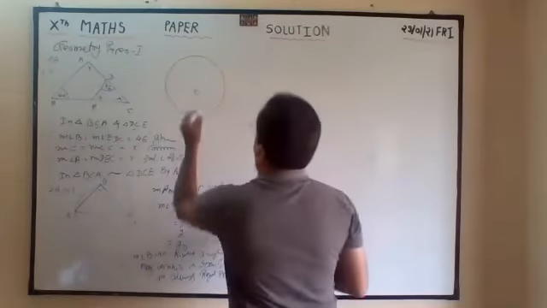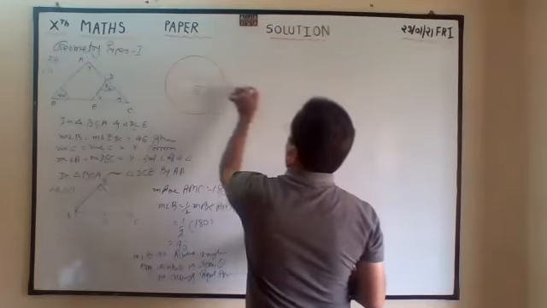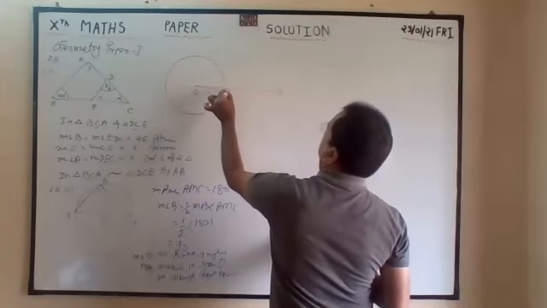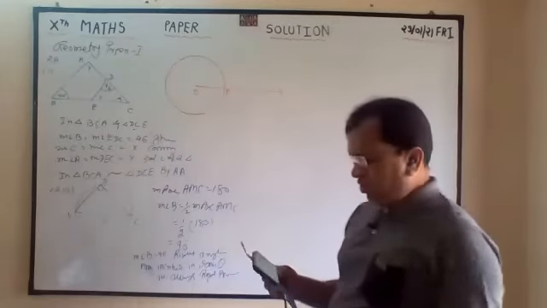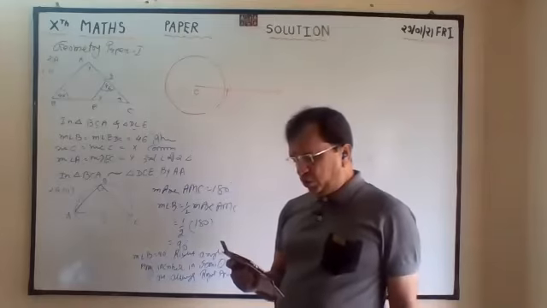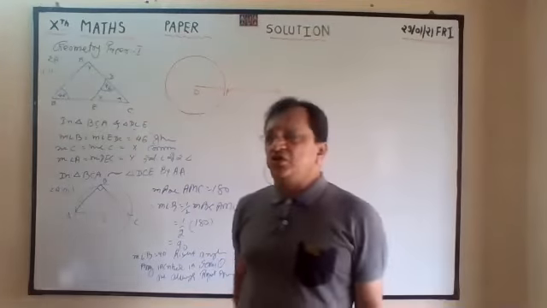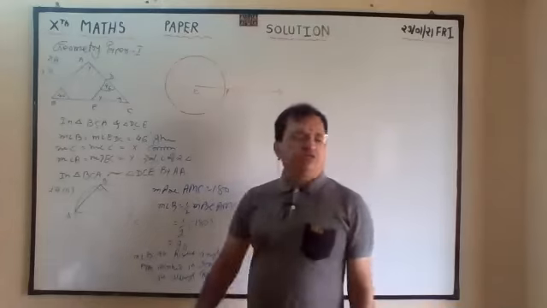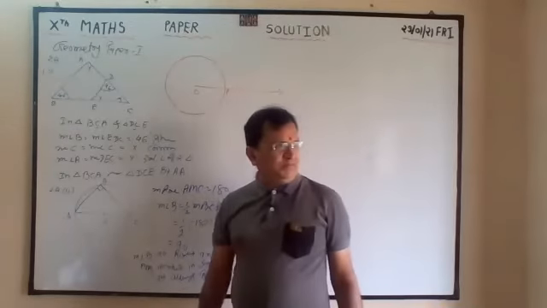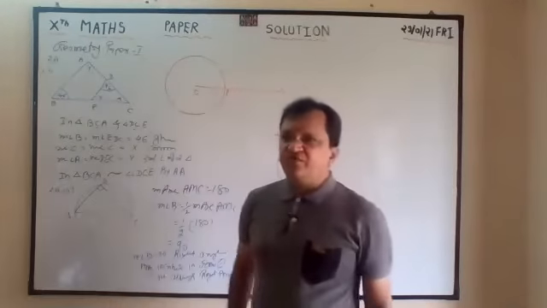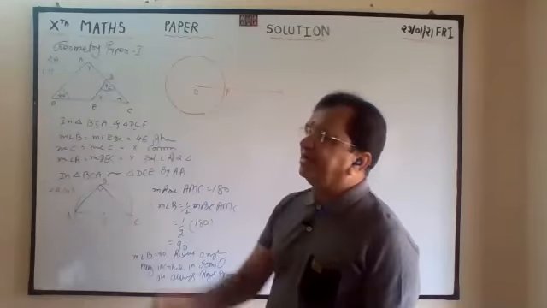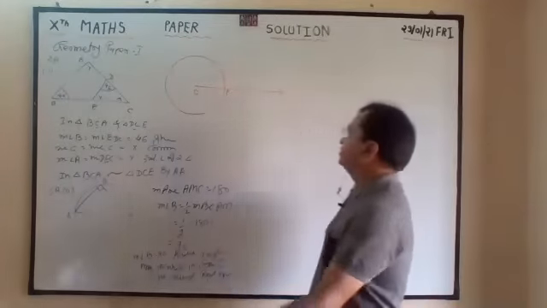Draw the ray OP. Draw a perpendicular line to OP at point P, which means drawing the tangent to the circle from a point which is on the circle.